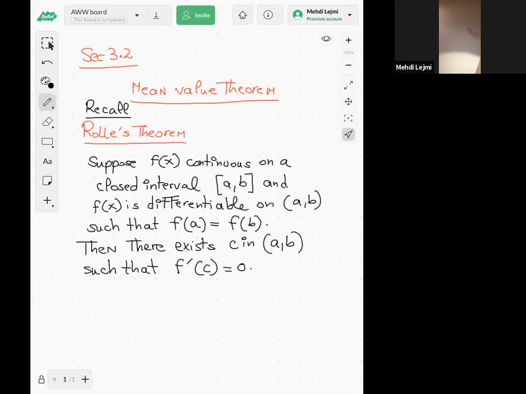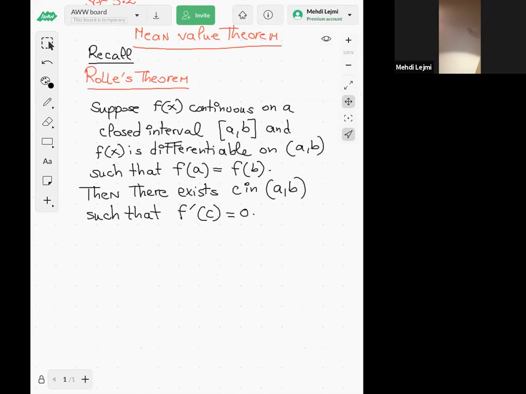Problem number 5 says that the equation has exactly one solution. So I'm going to explain how to do problem number 5 in homework number 9. I'm going to do a similar example to problem number 5 in the homework.